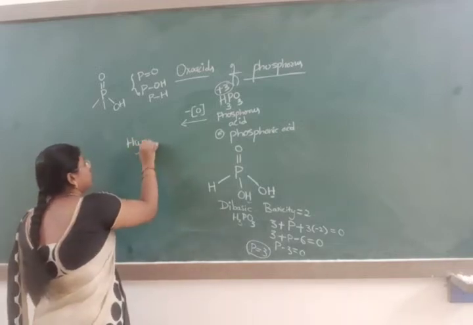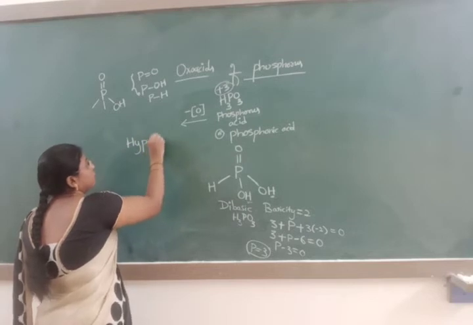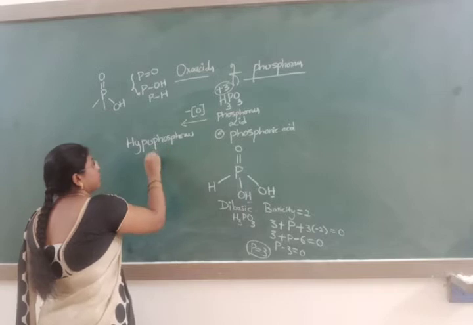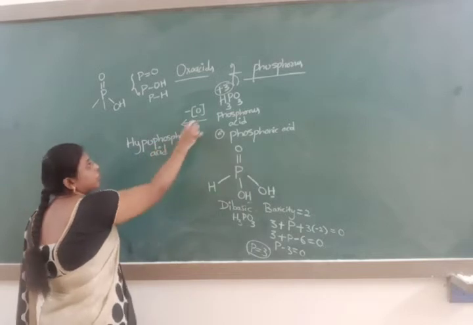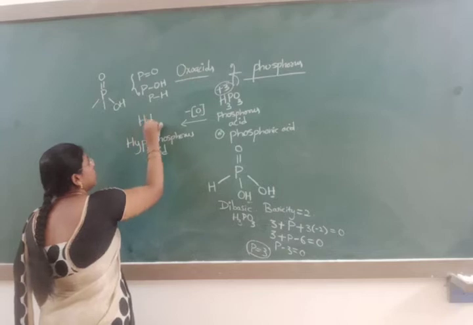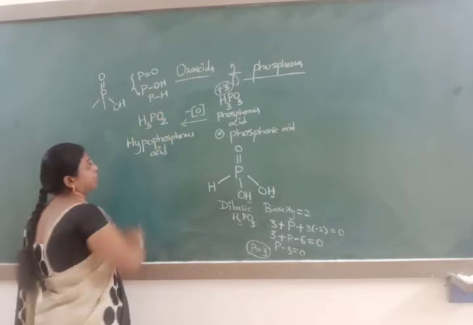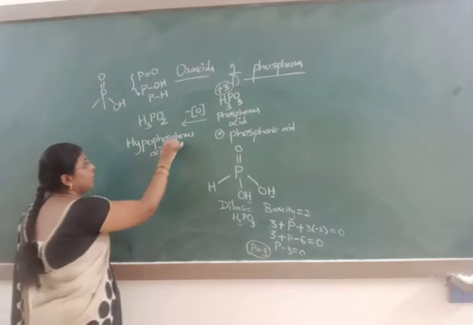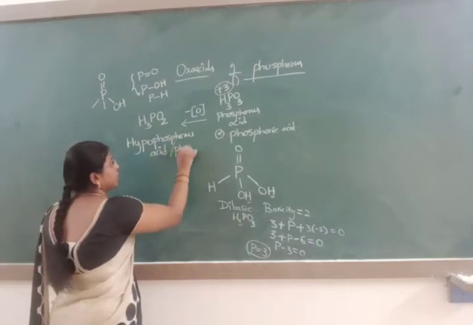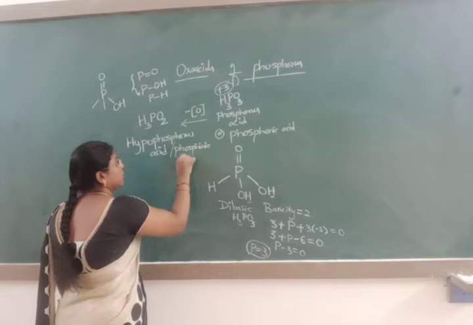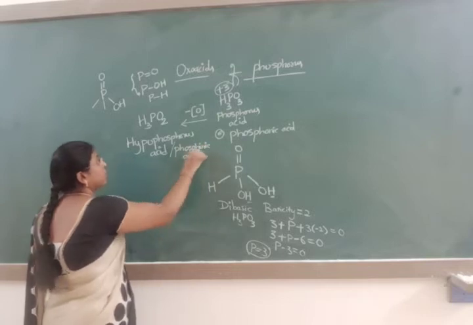So the compound becomes hypophosphorus acid. If I remove 1 oxygen from H3PO3, it becomes H3PO2. Hypophosphorus acid, another name is phosphinic acid.